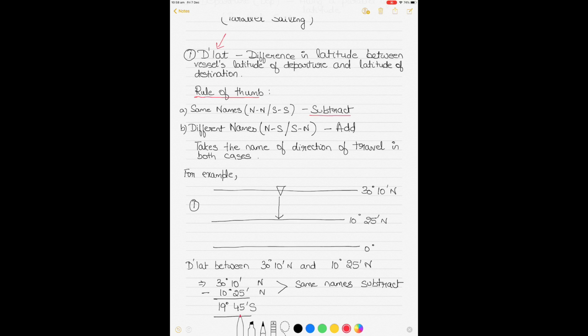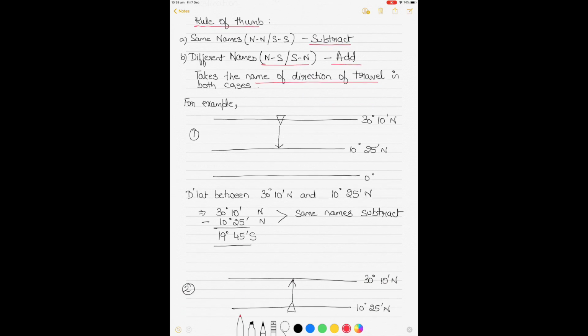If they are of different names, that is, if one is in the northern hemisphere and the other in the southern hemisphere, or vice versa, then you will add the two values. In both cases, the dlat takes the name of the direction in which the vessel is traveling. So let's take examples for better understanding.